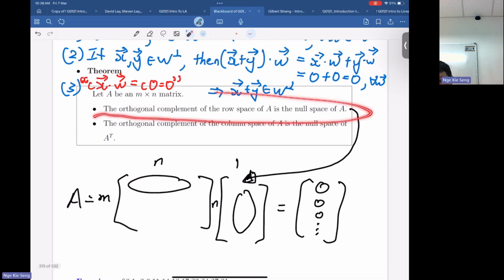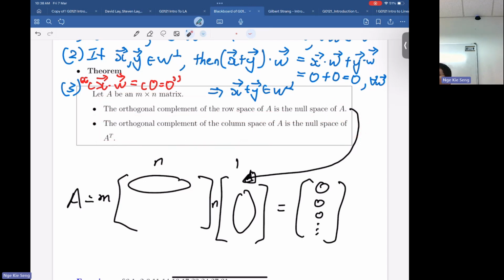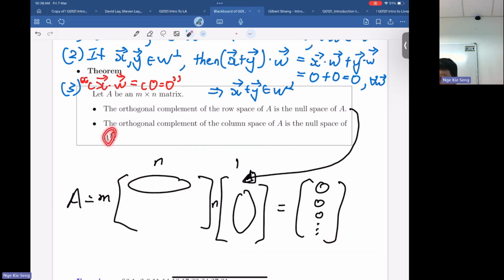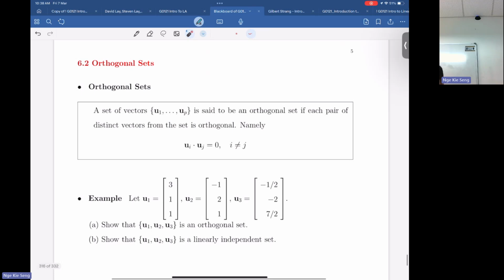This first line should be very familiar to you because you keep doing this calculation for 4 weeks already. But the second one, I suggest you write it out and then you will see it's not far from the first construction here. After you flip your A, it's exactly the same calculation. This is the hint I gave you. Okay, right, continue.